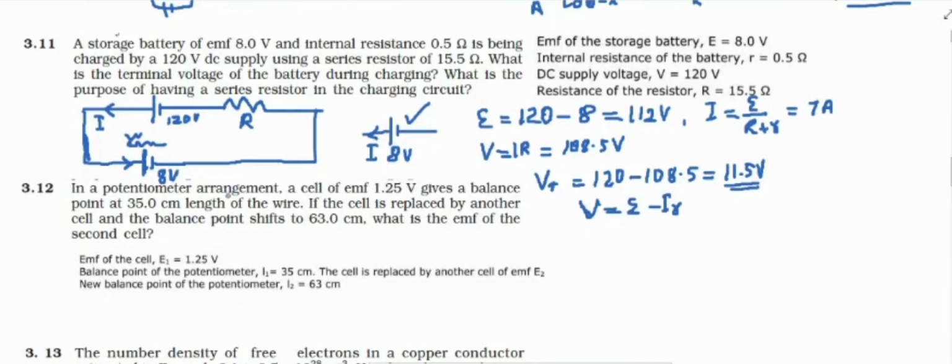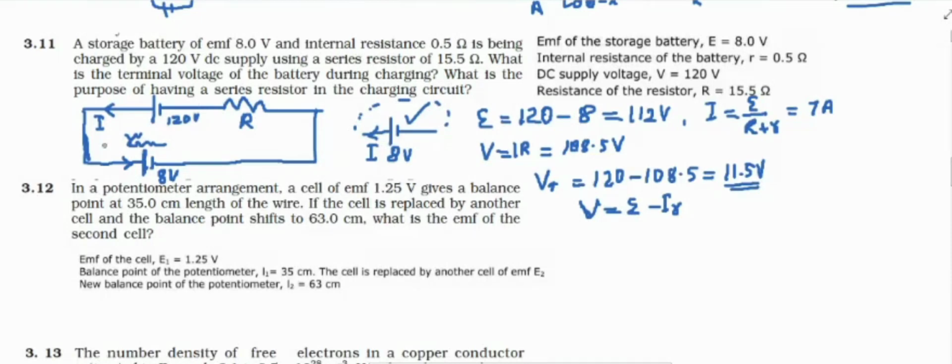So why is terminal voltage greater than EMF during charging? Charging you have to take as a separate situation. During charging, terminal voltage is greater than EMF. Why? When discharge occurs, current goes from positive terminal to negative terminal.